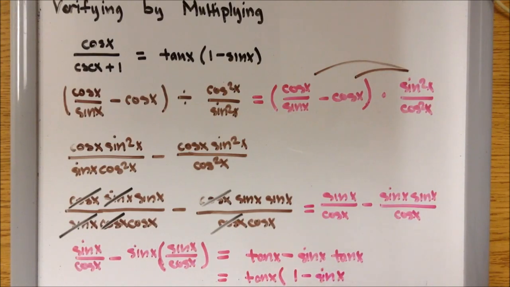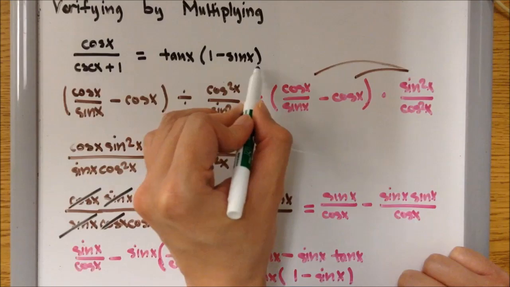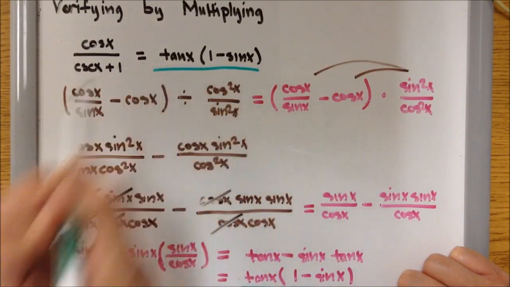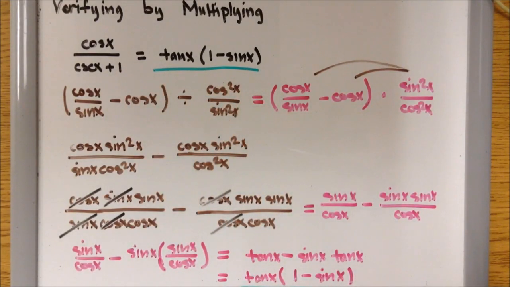And then close parenthesis. So now you see we verify and work on the left side, we had tangent x times 1 minus sine of x. It's the same thing as the original problem of the right side. So therefore, we finished verifying and matching both sides. So I'm going to write QED saying that we finished.